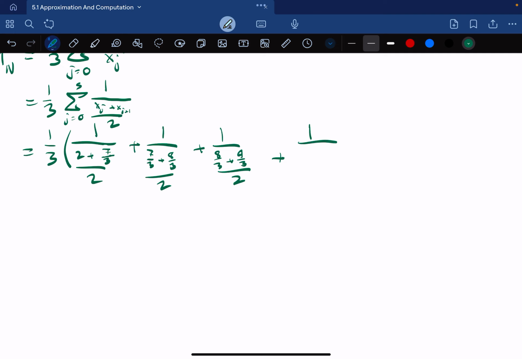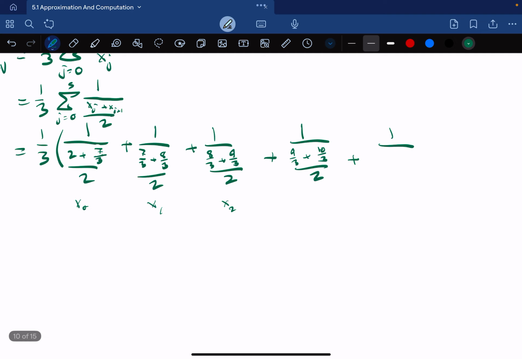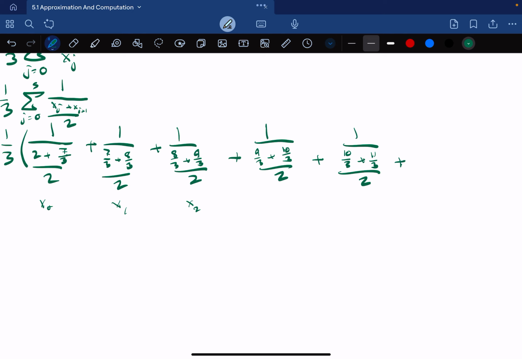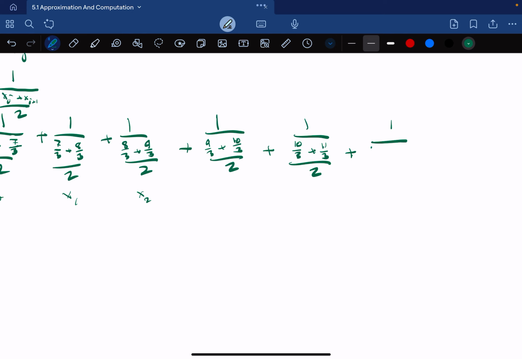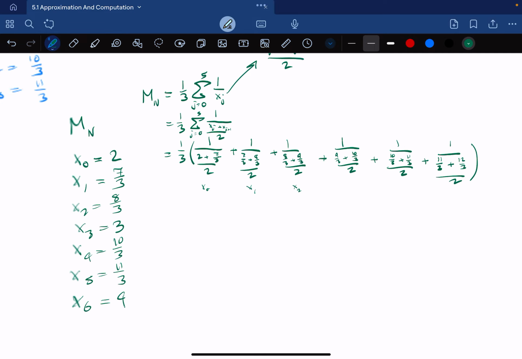Next, 1 over, we have already done, remember, this is x of 0, x of 1, x of 2. So now it's x of 3. So 9 over 3 plus 10 over 3 divided by 2. Next, 1 over x of 4 plus x of 5. So you end up with 10 over 3 plus 11 over 3 over 2, all over 1. And then finally, our very last term is going to be 1 over x of 5, so 11 over 3, plus x of 6, which is just 12 over 3, all over 2.